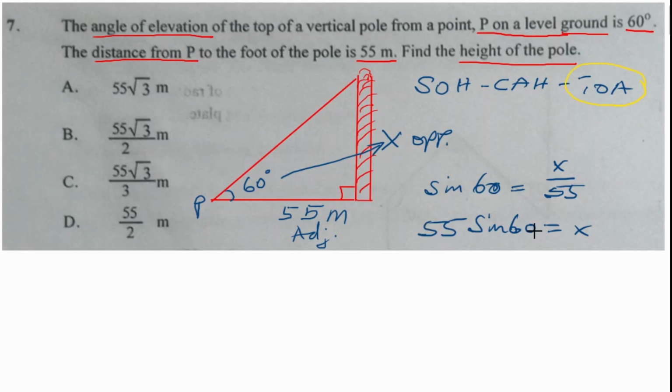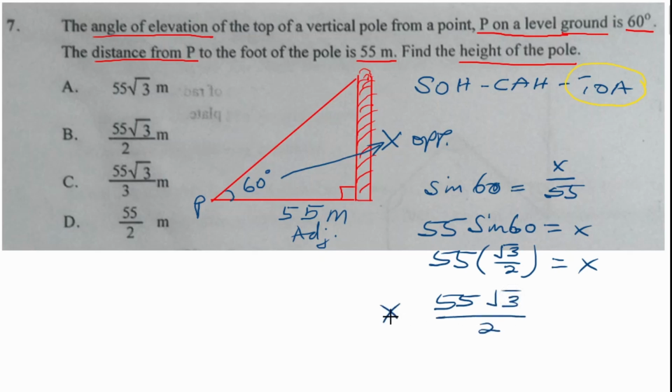So that will make me break this one down to be 55, and then tan 60 is root 3. And that will be equal to x. Comparing that with the options, our answer is going to be 55 root 3. That is our x, and looking through the options, that's going to be option B.